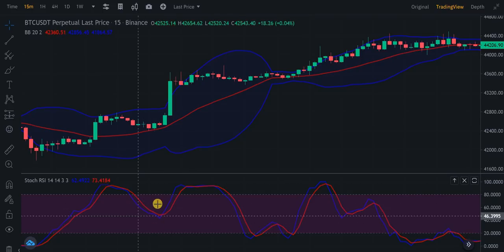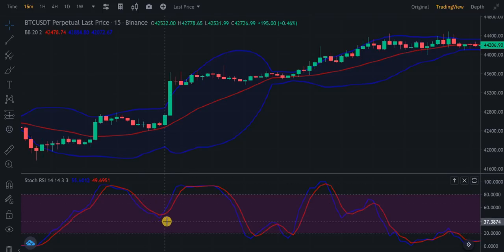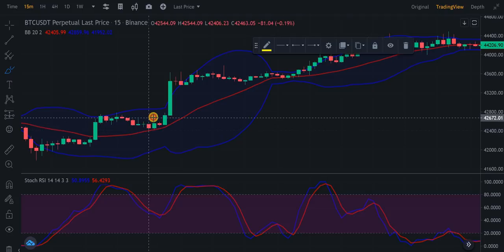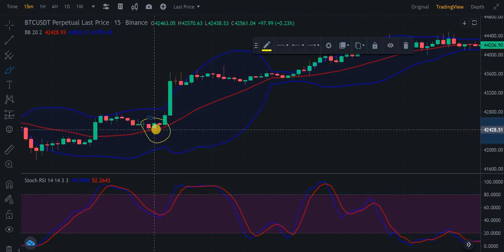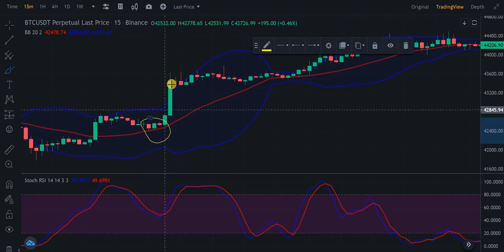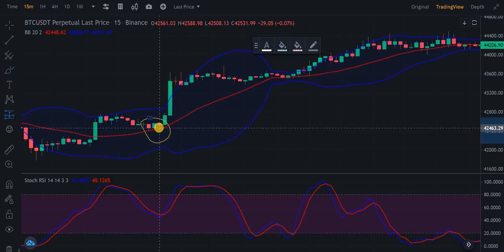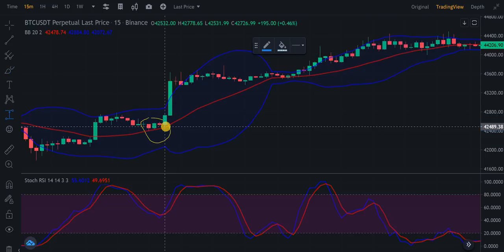You can see right here on the Stochastic that the blue line crossed above the red line, which signaled an increase in price momentum to the upward direction. In the price chart, at this exact level was when the Stochastic crossed to the upward direction. And soon after, you can see that there was a price increase. If you had entered a trade based on these simple confirmations, you would have made profit to the upward direction.